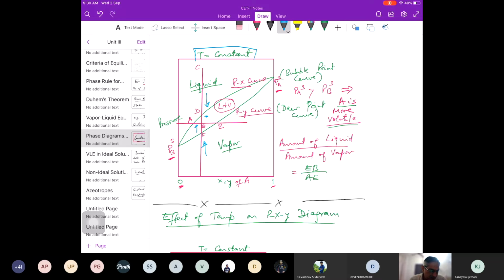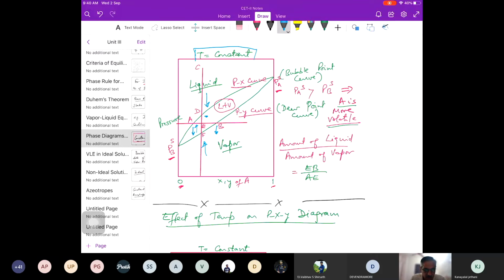And if we take any point E in between these two, because in between this dew point and bubble point is a liquid and vapor mixture, if I take any point E on this line, it will give me a vapor with composition given by B and a liquid with composition given by A. Is this understood?